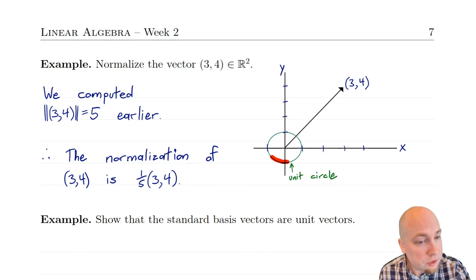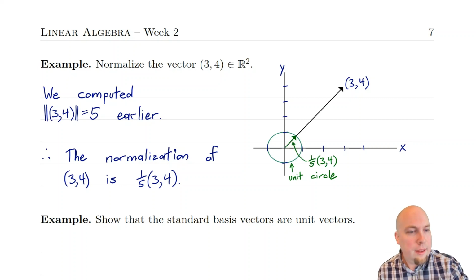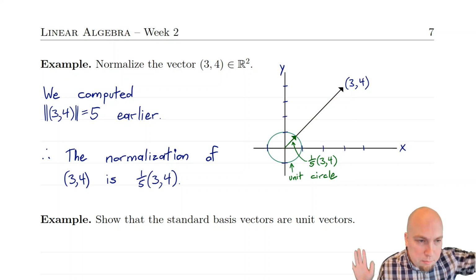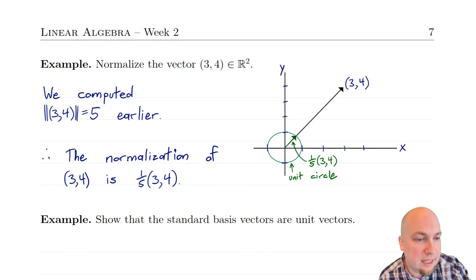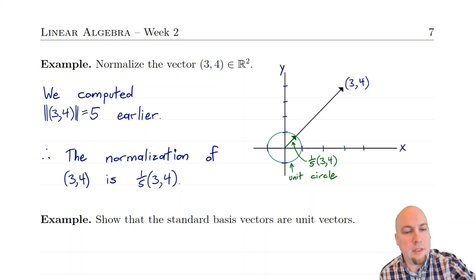If we draw the circle with radius 1 centered at the origin, then this rescaled vector, 1/5 times (3, 4), is exactly there. It points in the same direction as (3, 4), but it's shrunk down so that now its length is 1 and therefore it is on the unit circle. So that's all we did when we renormalized. We shrunk it down so it's on the unit circle.